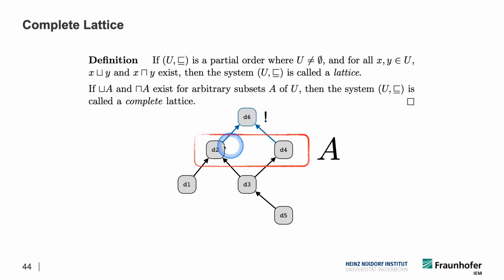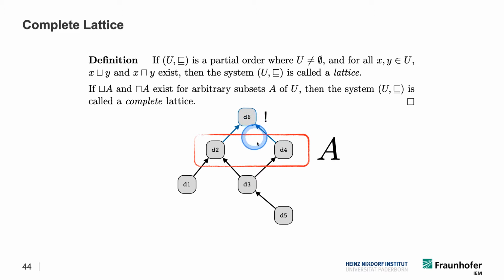So given any choice, any subset of elements here, I always have to be able, so to say, to merge these two elements, right? So you can also say we are merging D2 and D4, and that has to result in another element that is still part of this partial order, okay? We cannot have any situation where this is not the case.